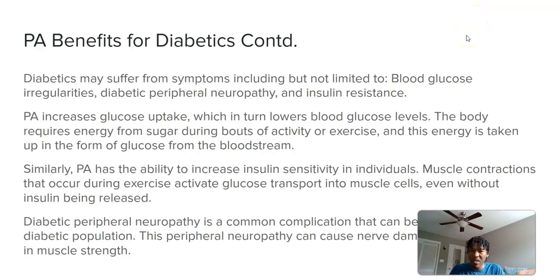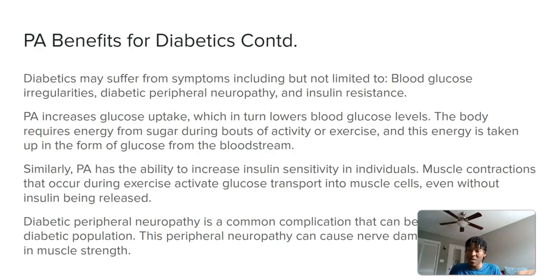Continuing on here, diabetics may suffer from symptoms such as blood glucose irregularities, diabetic peripheral neuropathy, and insulin resistance. If you've encountered any of these issues, that's what we're going to tackle here. Physical activity increases glucose uptake, which in turn lowers blood glucose levels.